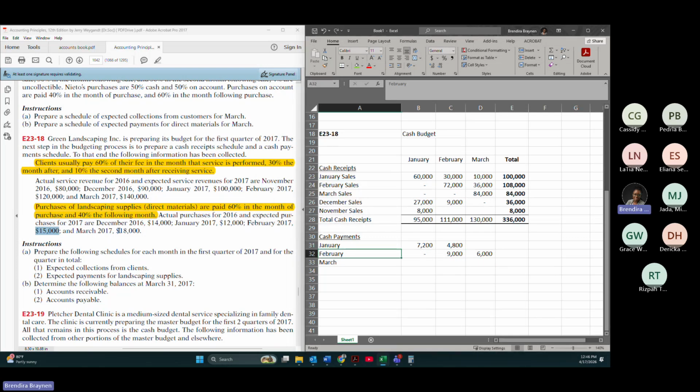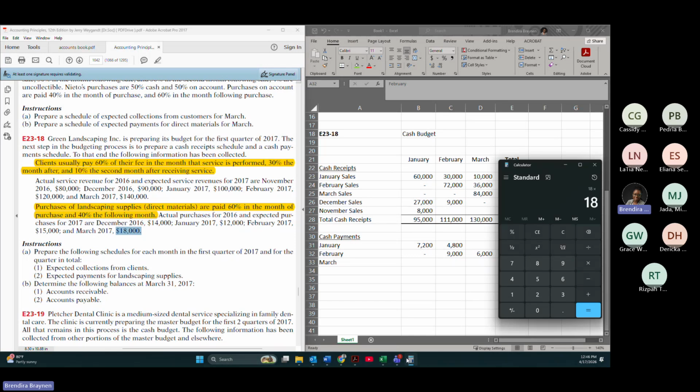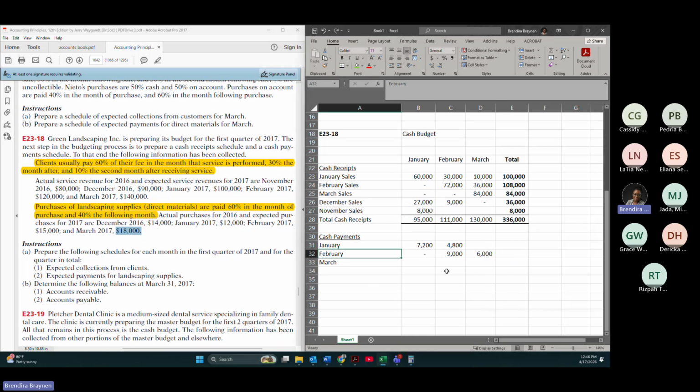Then for March, purchases are 18,000. 18,000 times 0.6, 10,800, is going to be paid in March. Again, I don't have to show April, so I'm not going into April. I'm stopping there. Okay, go back to the other ones.